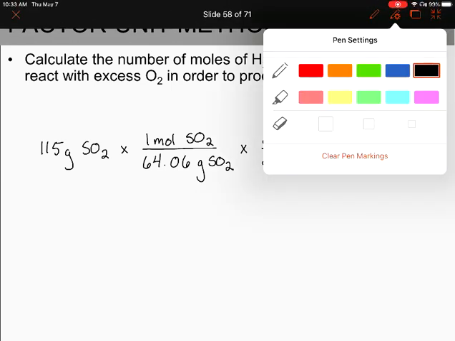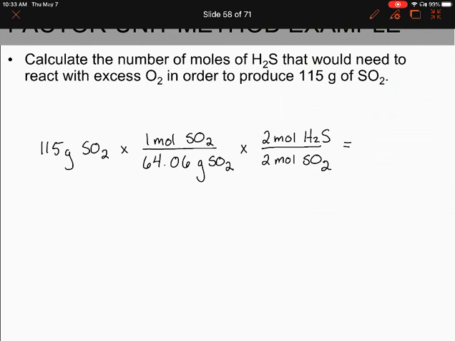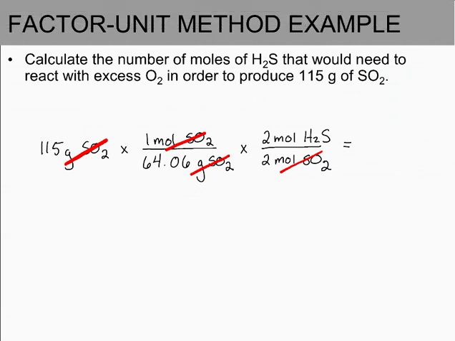Okay, so let's make sure our units cancel. So grams of SO2 will cancel with grams of SO2, and then moles of SO2 will cancel with moles of SO2. So our final unit will be moles of H2S. So actually, I'm going to rewrite this as 115 times 2 divided by 64.06 times 2. And our final unit is moles of H2S.